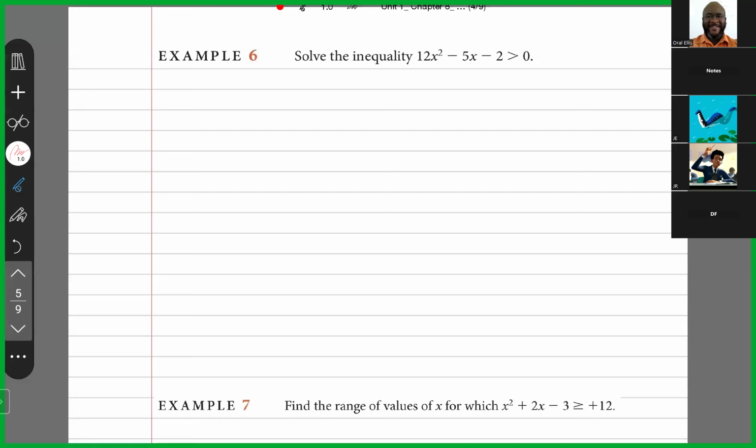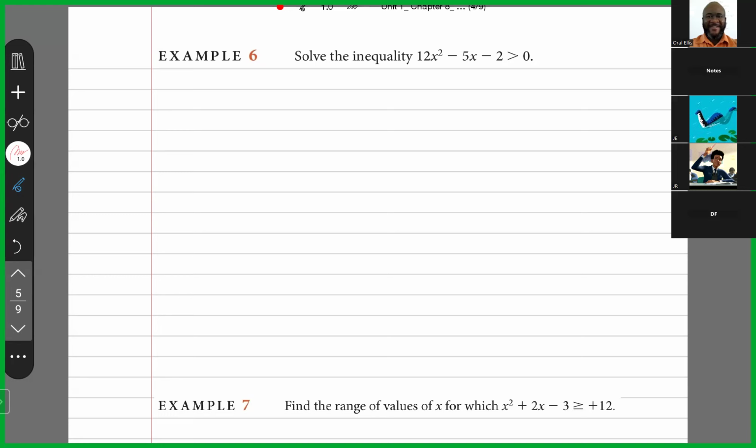All right, example 6. Example 6 says solve the inequality 12x squared minus 5x minus 2 is greater than 0. So I'm going to solve this inequality using the sign table method.